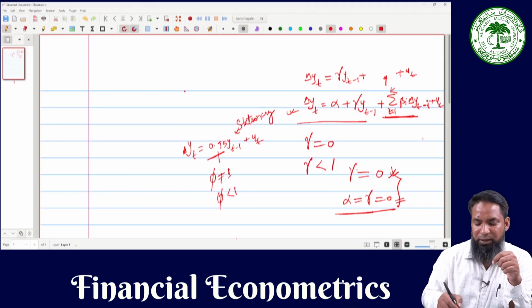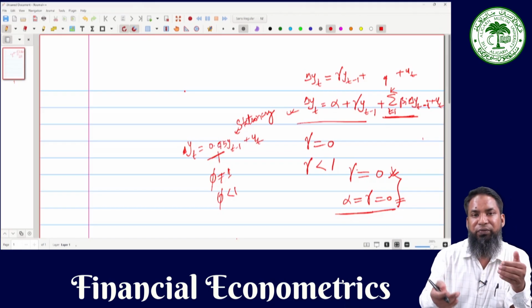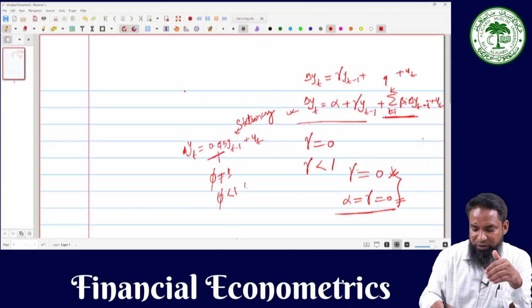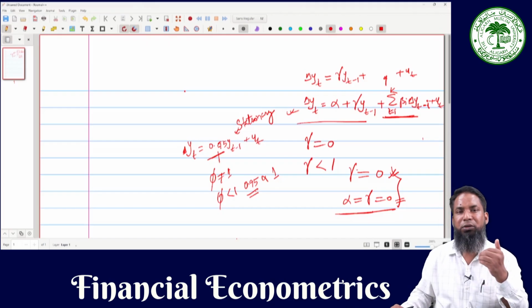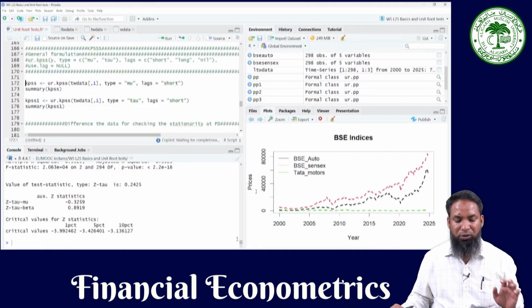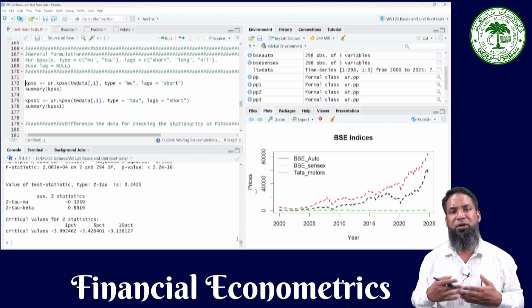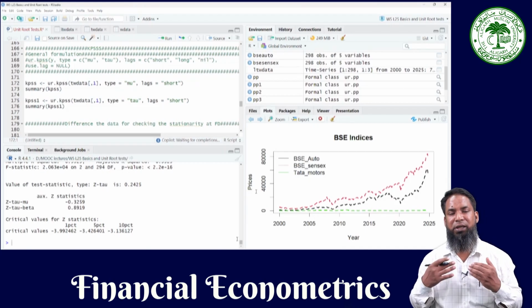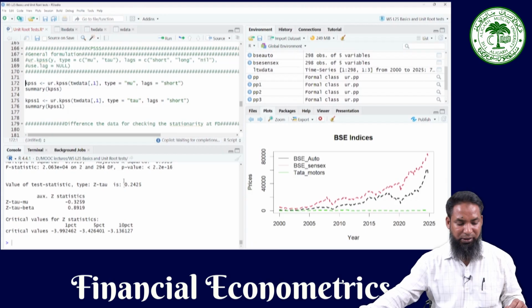However, we have discussed that quite often, especially in small samples, the ADF or the Phillips-Perron are not able to distinguish between 0.95 and 1. Quite often they treat 0.95 as 1 and conclude that the series is non-stationary, which is not true. Therefore we use the other test, a test of stationarity. One such test is the KPSS, where the null hypothesis is that the series is stationary.